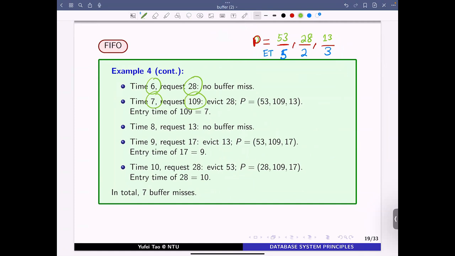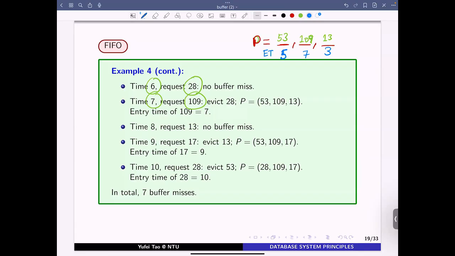Again, we kick out the block that arrived the longest time ago among the 3 in the pool. So it's 28, and therefore 28 is gone. We replace that with the new block, 109, and we record the entry time as well, which is 7.